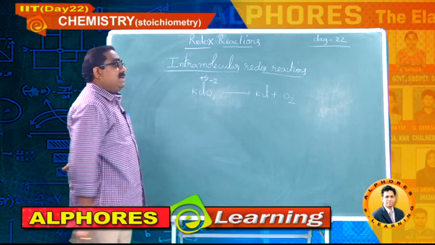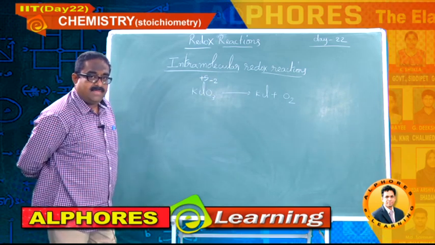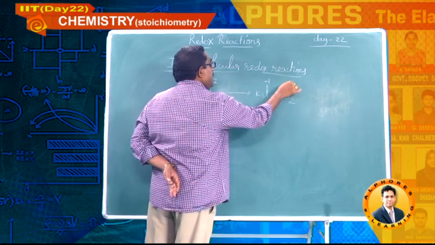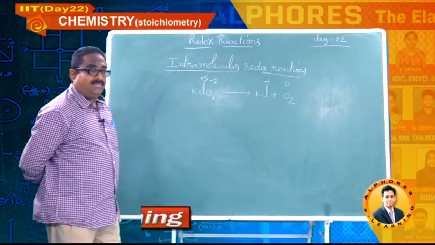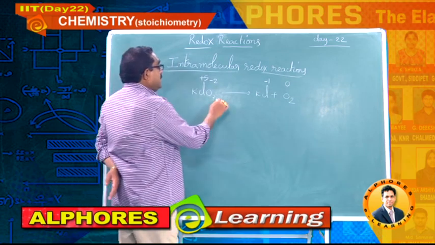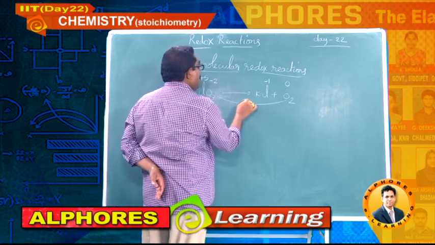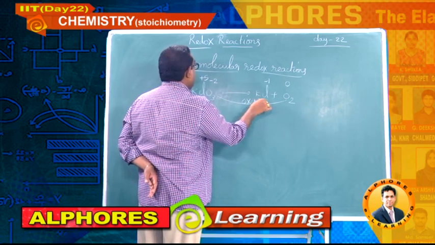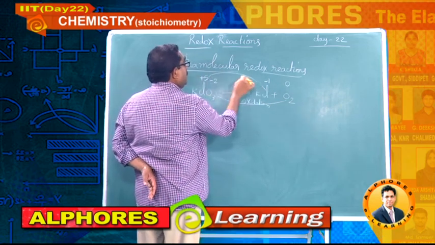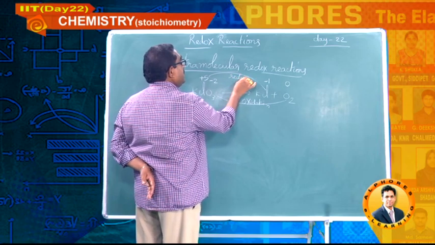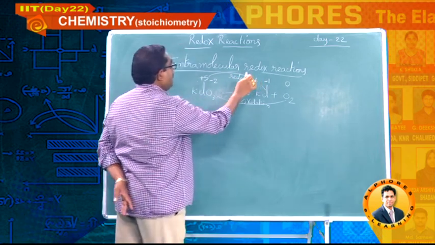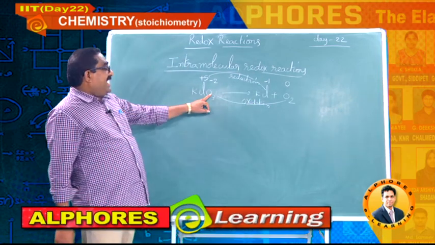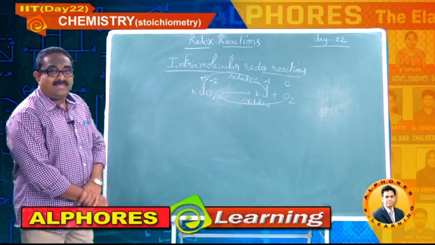If you do the calculation for oxidation numbers, for this chlorine you will get -1, for oxygen 0. This is -2 to 0, oxidation. This is +5 to -1, a decrease, reduction. So this is the reductant, this is the oxidant.